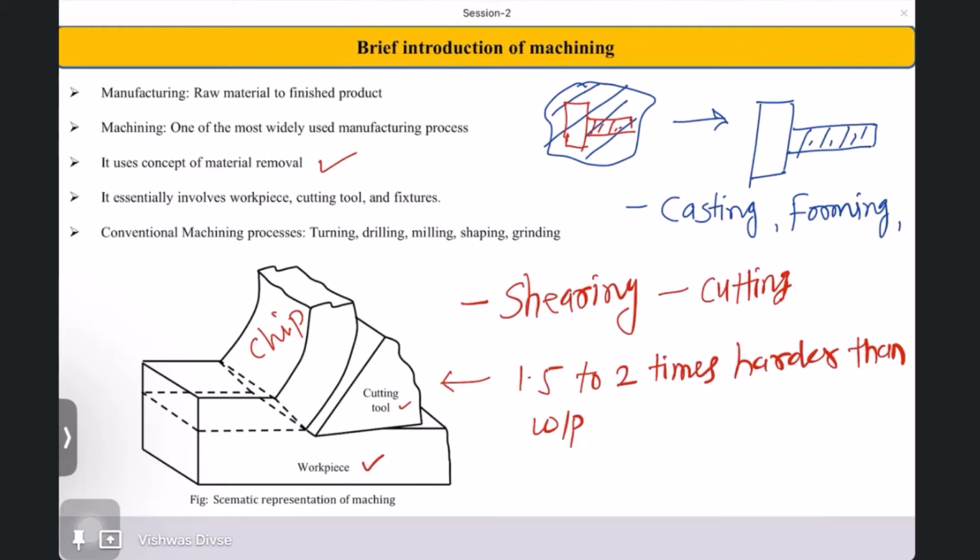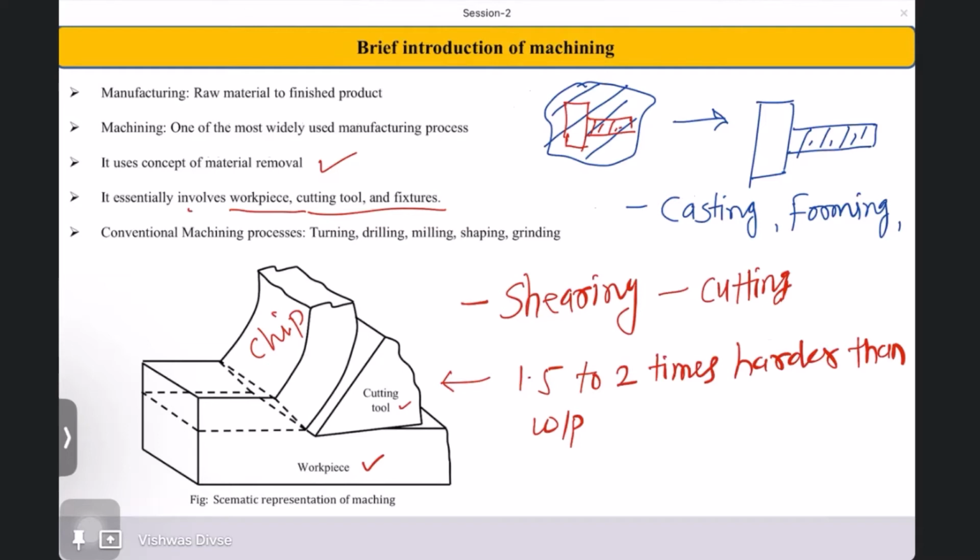Fixture we will model in FEM as boundary conditions. We need not model the fixture because we are not going to design the fixture here. We are interested in the machining operation. So basically fixture we will take care of in terms of boundary conditions. So all these three essential things I told you, right? Workpiece we need to model, cutting tool we need to model, fixtures we will take care of in boundary conditions.